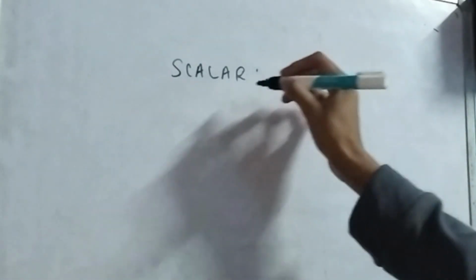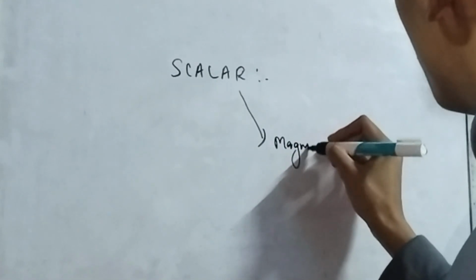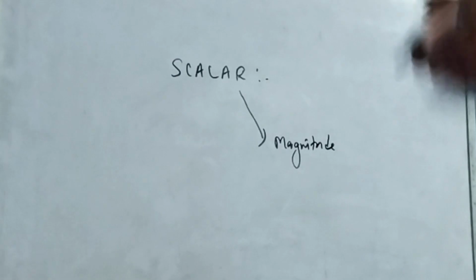Scalar means that when a physical quantity is derived by a simple number, we call it a scalar quantity. For example, work, distance or speed. In simple words, scalar has only magnitude.